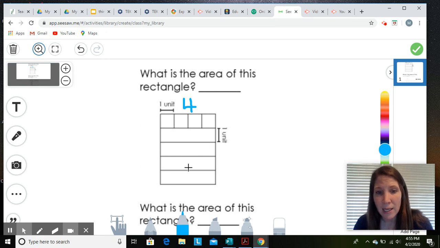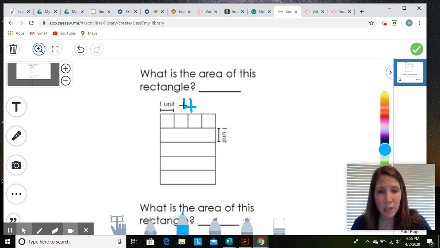But in a case like this, it is going to be much easier if we count the number of squares in each row and count the actual number of rows that we have and multiply those together to get the total area. So remember, area is found by multiplying the length times the width.